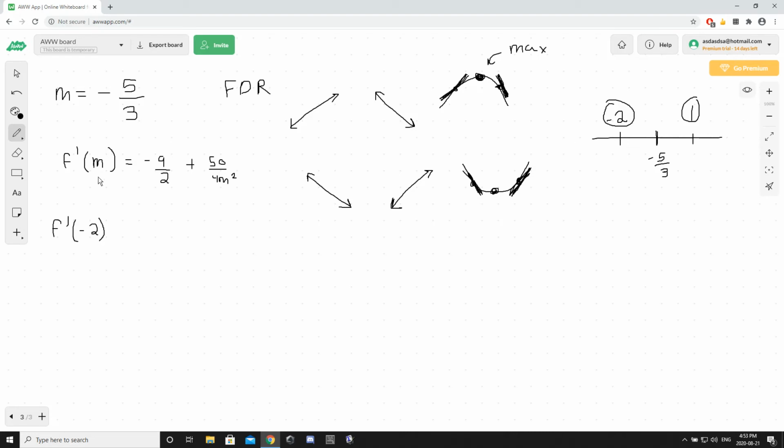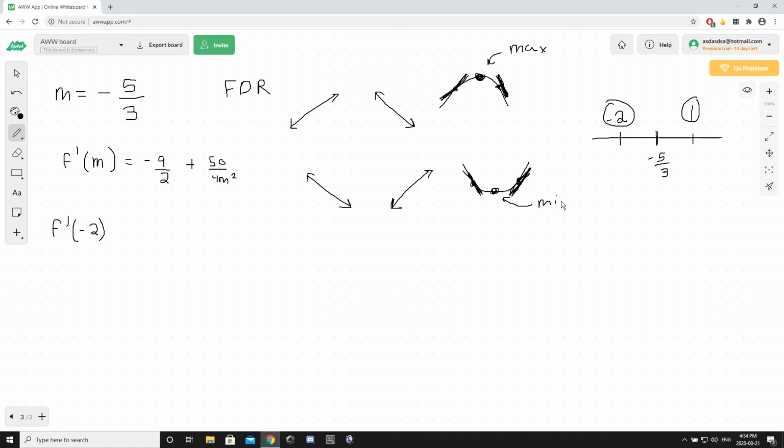I'm expecting that when I plug in negative 2 in place of m in our derivative function, we're going to get a negative answer, aka a negative slope. And I'm expecting that when I plug in this 1 on the right hand side of negative 5 over 3, we're going to get a positive answer. Because a negative slope and then a positive slope around a critical point tell you that that critical point is a minimum. So this right here would be a minimum.